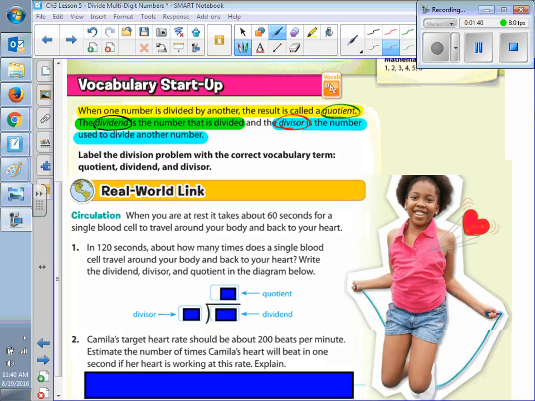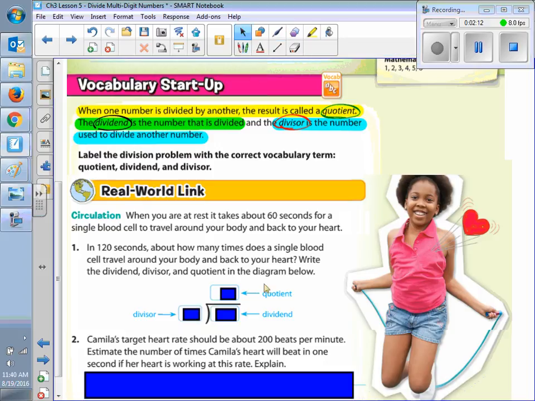When you are at rest, it takes about 60 seconds for a single blood cell to travel around your body and back to your heart. In 120 seconds, about how many times does a single blood cell travel around your body and back to your heart? We want to write the dividend, the divisor, and the quotient in the diagram below. Okay? So, if you look at that, what number is being divided? 120.